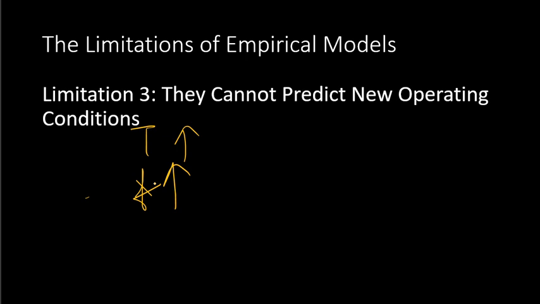An empirical model cannot confidently answer these questions unless we have specifically conducted these experiments before under those exact conditions. So the predictive ability is limited to the situations that have already been tested.